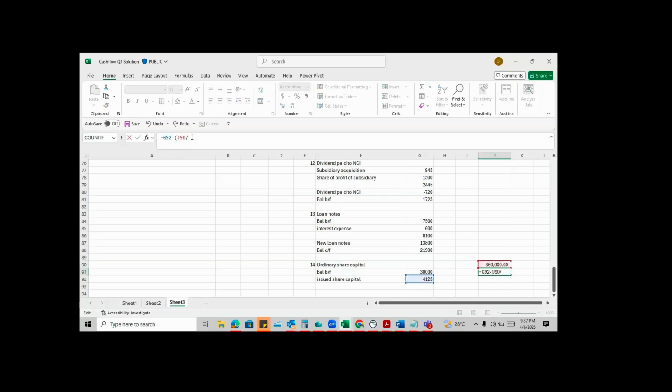This one is in thousands, so let me divide by 1,000. 3,465 should have been the element that is share premium. Do you understand this breakdown I've done?